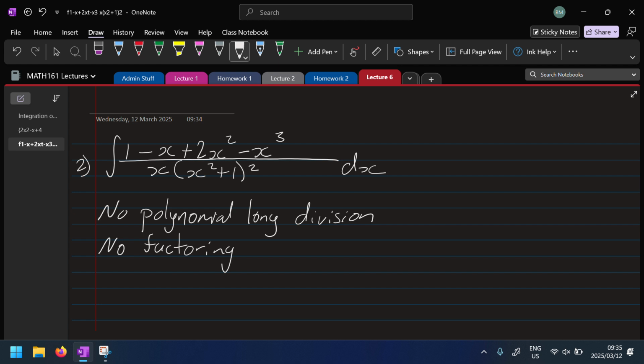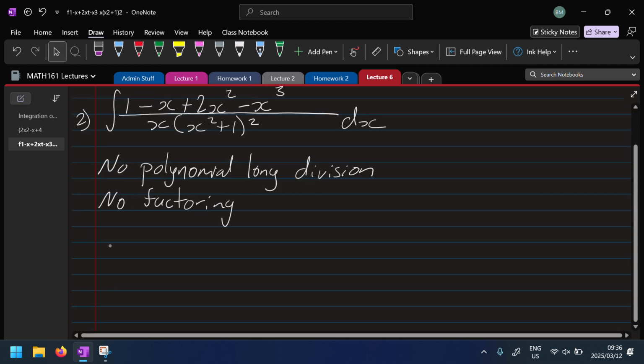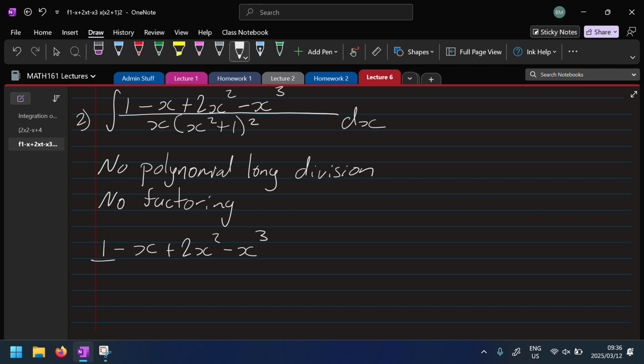Okay, next, we split it up into its parts. So we look at each term in the bottom, and we see case 1, 2, 3, or 4. So we've got 1 minus x plus 2x squared minus x cubed, all divided by x times (x squared plus 1) squared. We want to split this up. We've got x, so that's going to be some a over x.